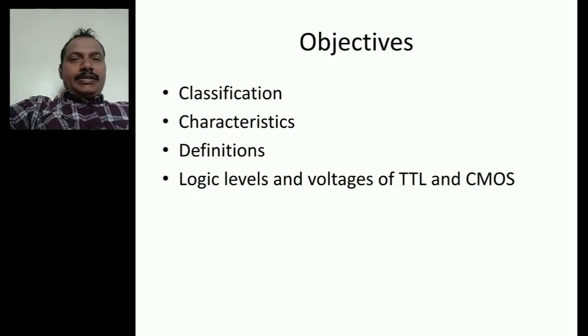And we know that TTL, CMOS logics are very important circuits, widely used because they possess good parameters and good characteristics.